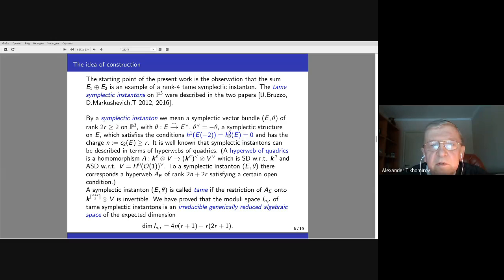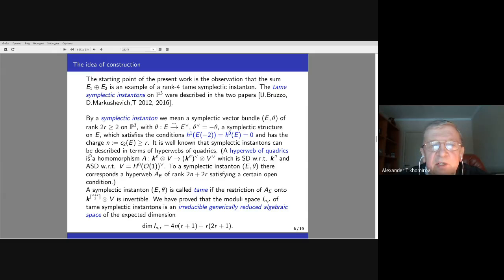So this symplectic instanton satisfies these conditions and has charge n, which is the second Chern class, at least r.